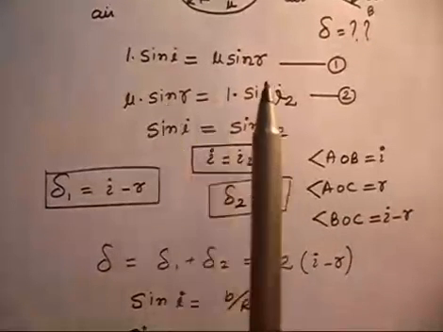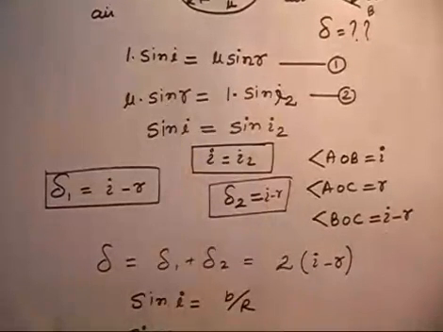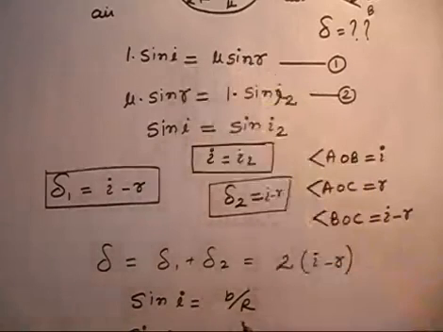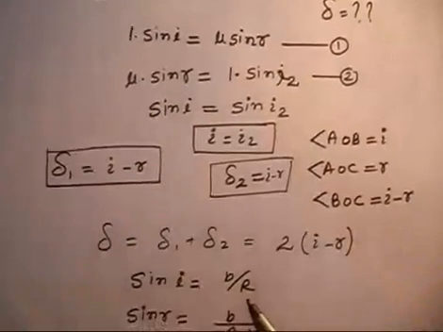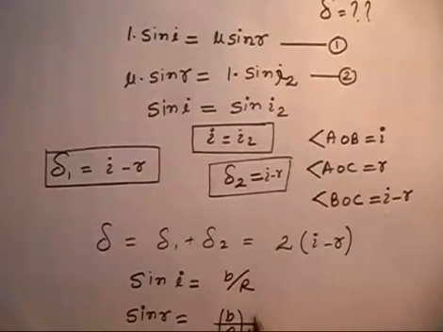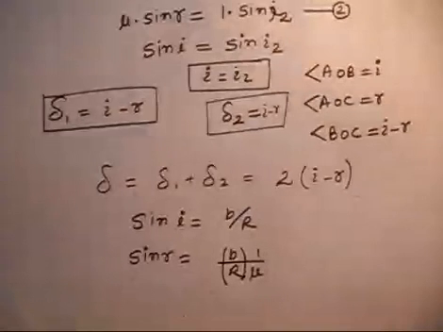So sine R is B by R by mu, that is, B by R mu.